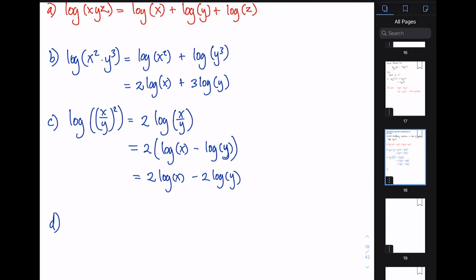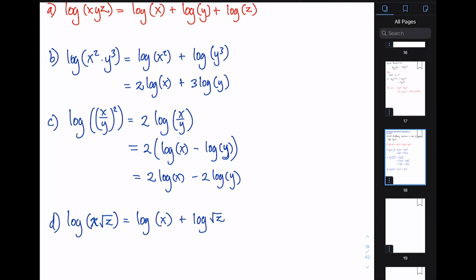Okay, let's look at part D. Here we examine a number of examples to demonstrate how we simplify expressions that involve logs. This one gives us log of x multiplied by the square root of z. So this is a product, but we also have a square root inside of the product, so we have to first separate the product. So we get the log of x plus the log of the square root of z.